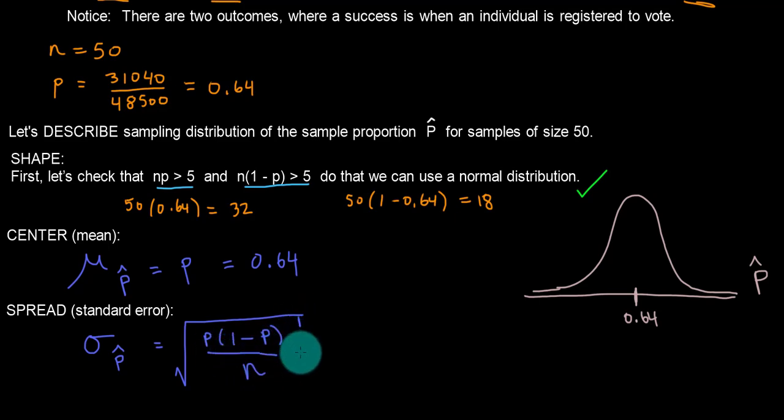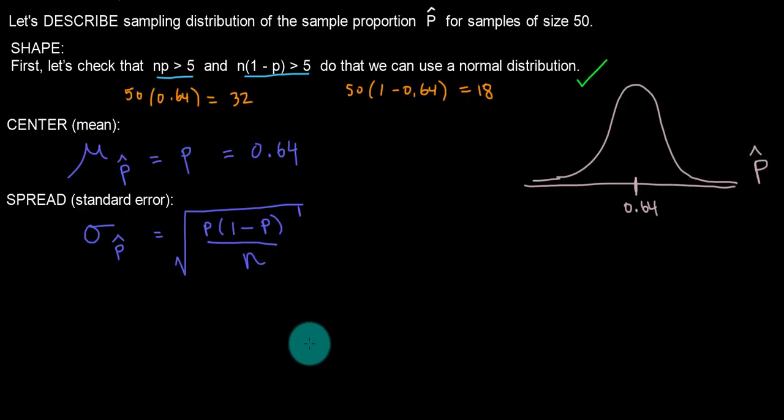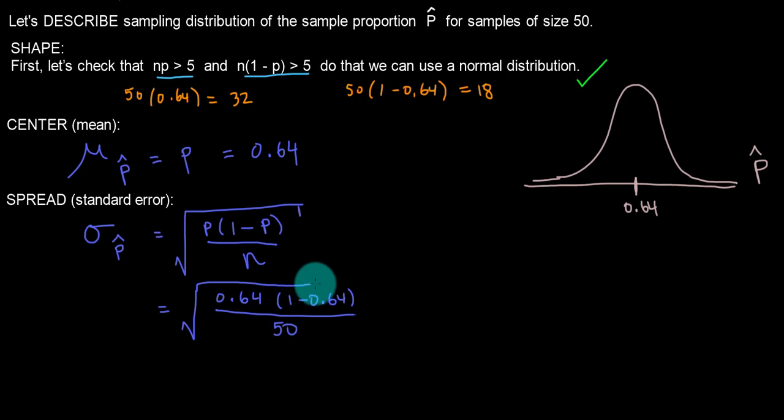Let's calculate that for this scenario. I'm going to write it out. p is 0.64, 1 minus 0.64, over 50. And this all needs to be inside the square root.